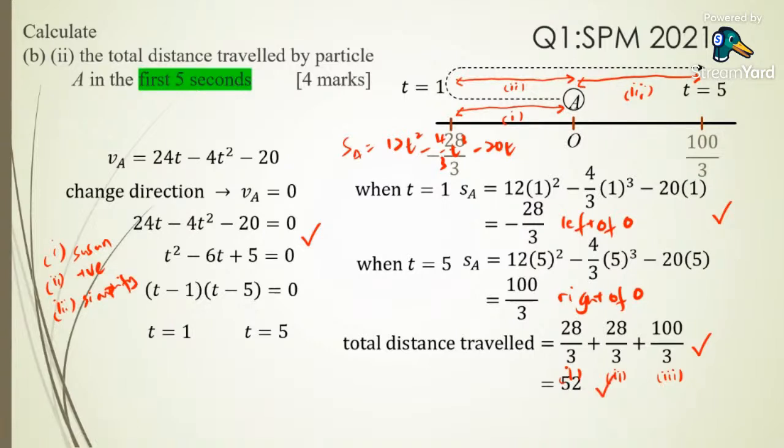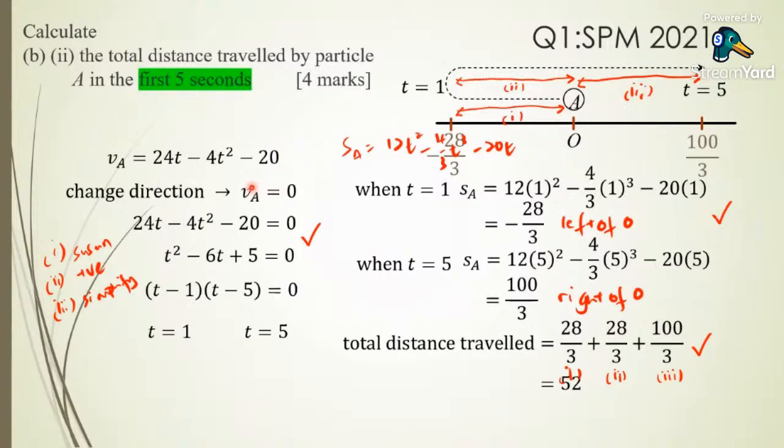Okay, so saya ulang sekali lagi untuk second slide. Awal-awal ni saya detail dulu, takut ada lagging ke apa. Okay, so let's see. B2. Kita nak cari total distance travel by particle A. So, kalau distance, we have velocity. Question give velocity. So, that means to find displacement, kita kena total distance.